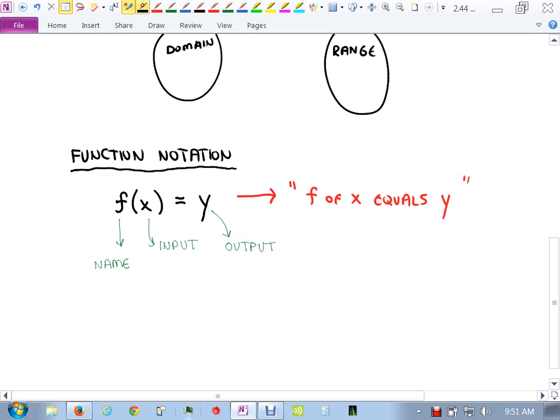Now, since F is the name of our function, we can name a function anything we want. So what would this be? How would you say this? G of X equals M, right? Or you could say something like C of T equals K. So for the G of X equals M, what's your input? X. And then what's your output? M. And then for your C of T equals K, T is the input, K is what you get out.